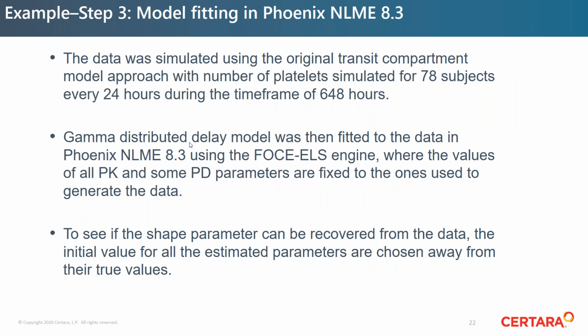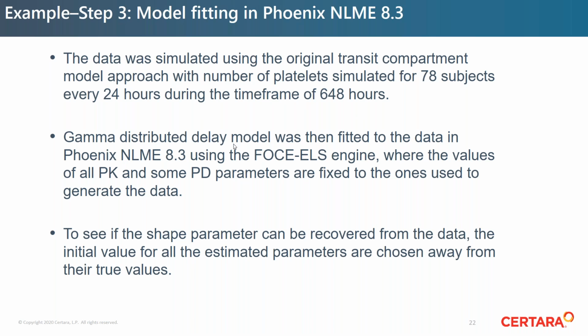Now I'm going to fit this gamma distributed delay model using some simulated data. The data was simulated using the original transit compartment model approach, with platelet counts simulated for 78 subjects every 24 hours during the time frame of 648 hours.